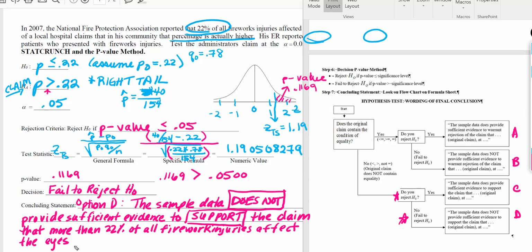And you have to state the significance level, so it would be at alpha equals 0.05.